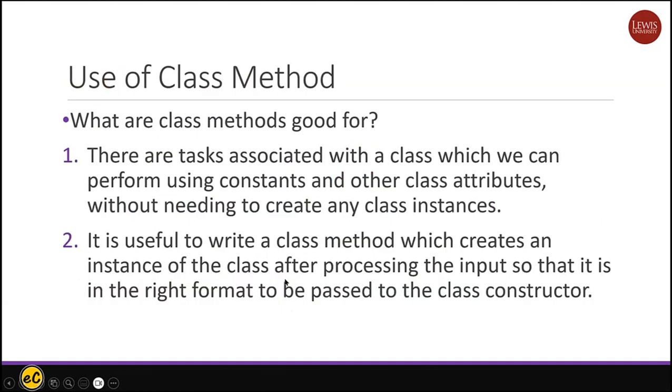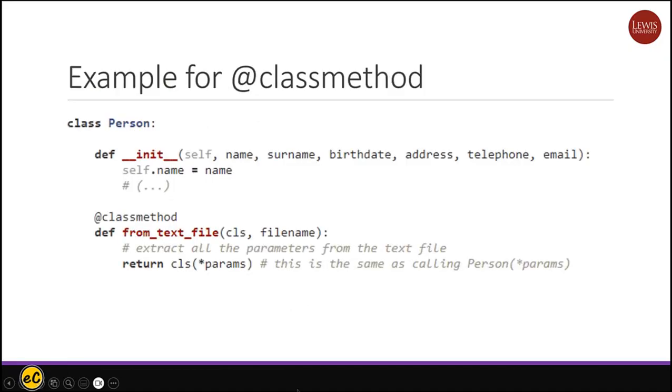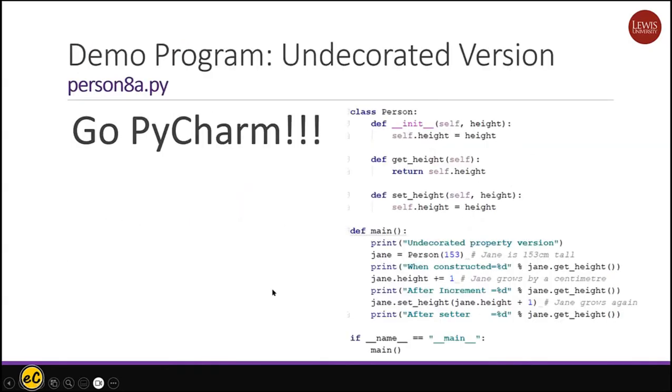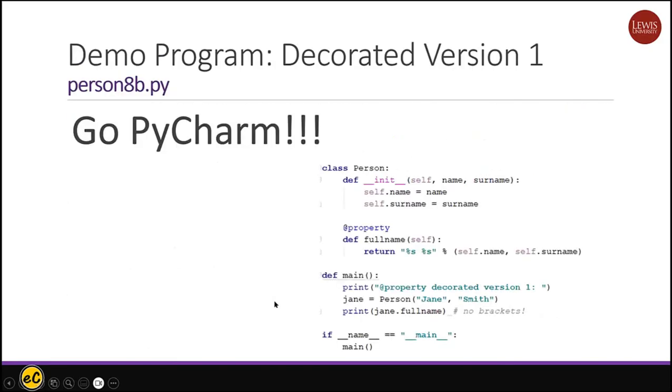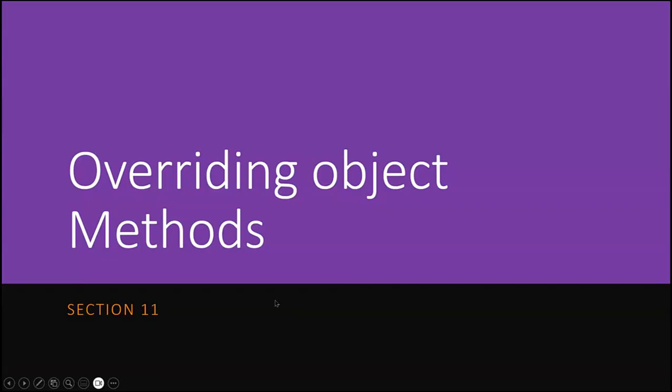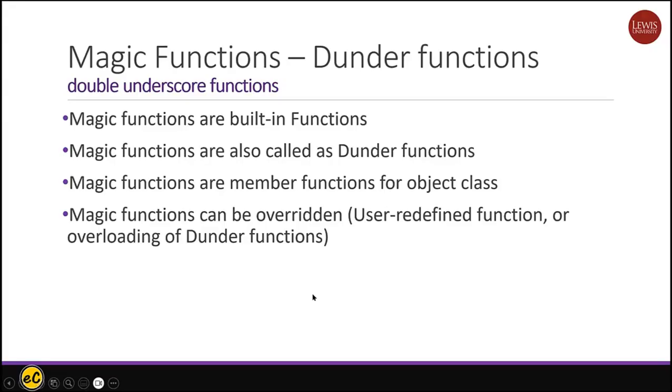This is attributes. Then you can also override the object's method, redefining the function.